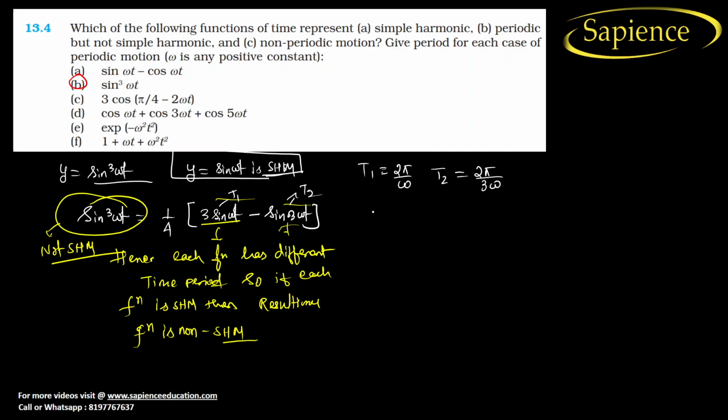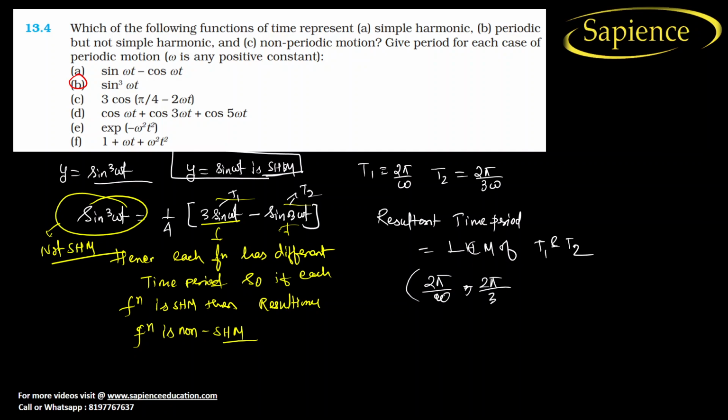Now the resultant time period is the LCM of T1 and T2, that is, of 2 pi by omega and 2 pi by 3 omega.